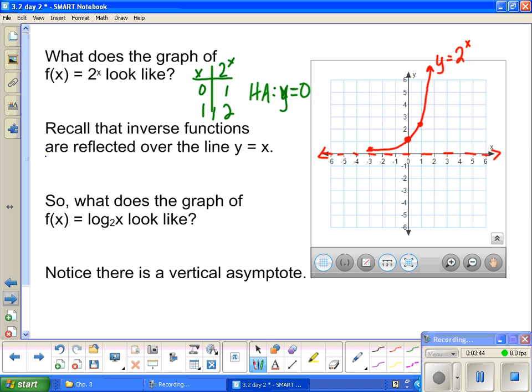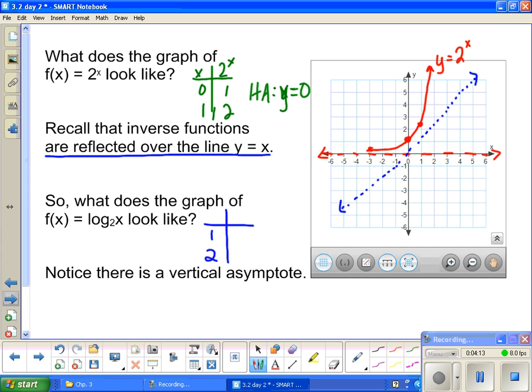Well, if I'm looking at it, they're reflected. Inverse functions are reflected over the line y equal x. So let's sketch that really quick. Okay, so that's close enough. We know that the domain and range change, so let's switch my domain and range from above. What was my range? My range was 1, 2, so that becomes my domain.